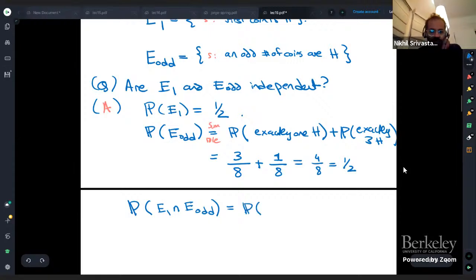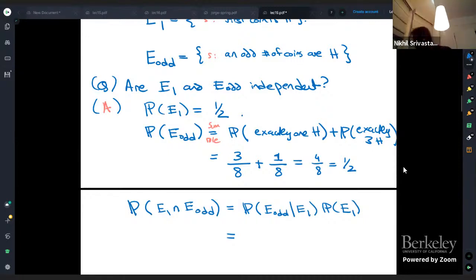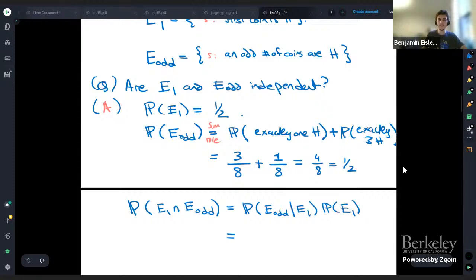We could use the product rule to say this is the probability of E odd given E1 times the probability of E1. Can we use the sum rule to get there pretty quick? It feels like we can do the same break we did above.